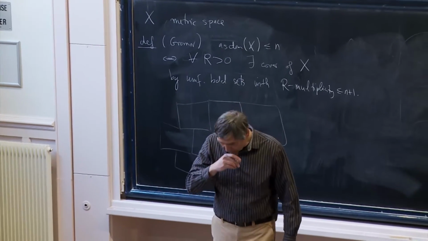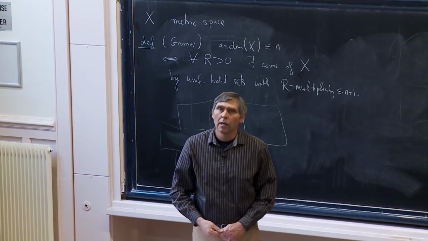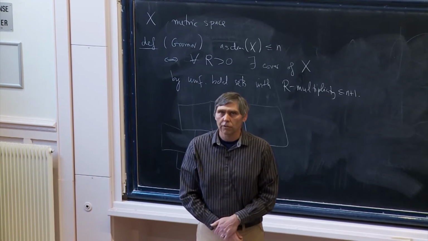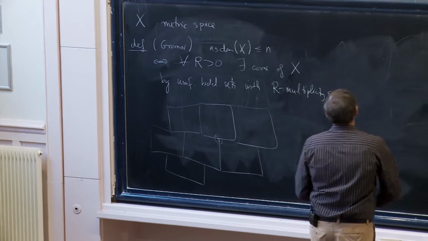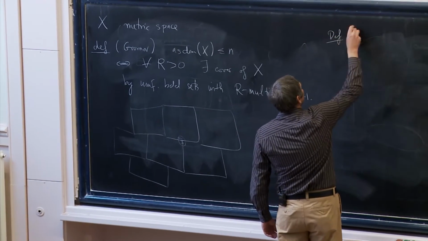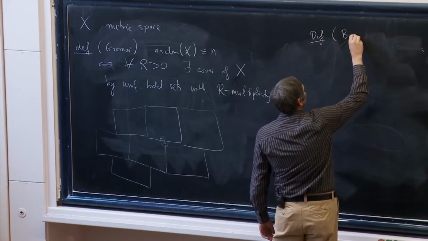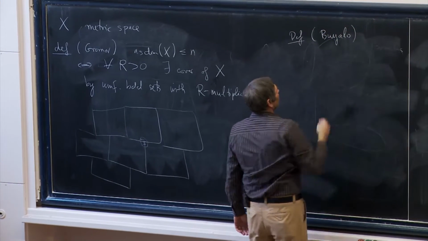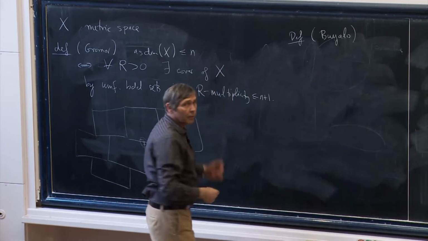OK, another notion of dimension, this time a small-scale notion, was introduced by Buyalo. And this is called capacity dimension. So X, again, is a metric space.